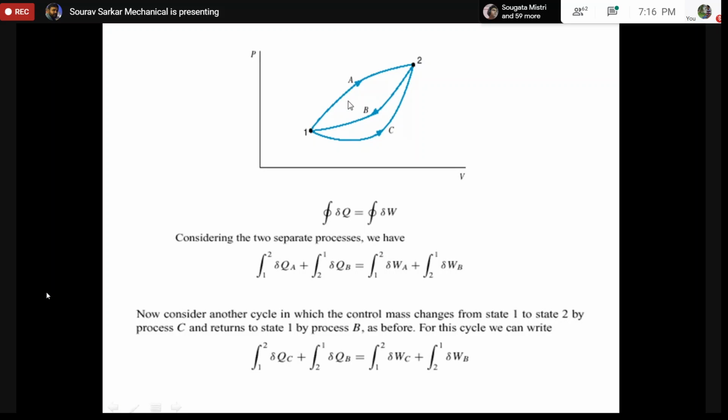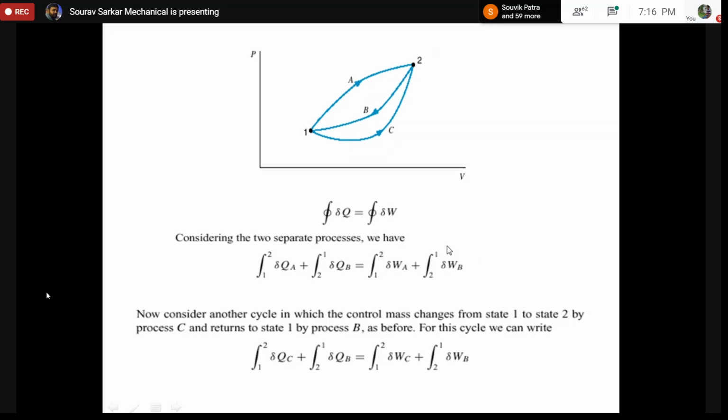So initially there will be heat transfer, and if you come back from 2 to 1, there will be some heat transfer. During the process 1 to 2, whenever you are traveling through the path A, there will also be some work transfer. And whenever you are coming from point 2 to 1 through the path B, there will also be some work transfer.